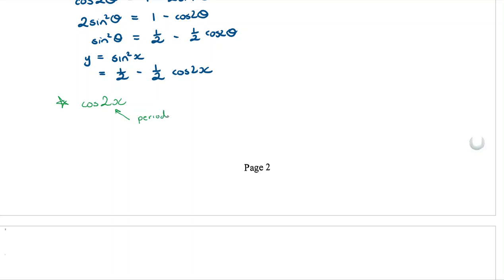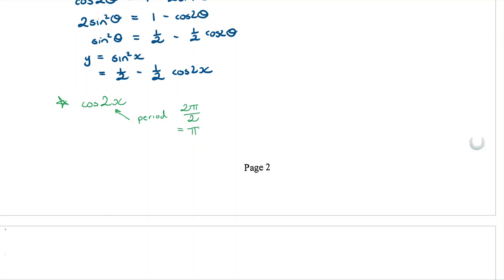Pi, yes. Normally the period of the cos graph is 2 pi, and you divide it by whatever is in front of your x there, which is a 2. So we've got 2 pi divided by 2. So the new period of my graph is going to be pi.